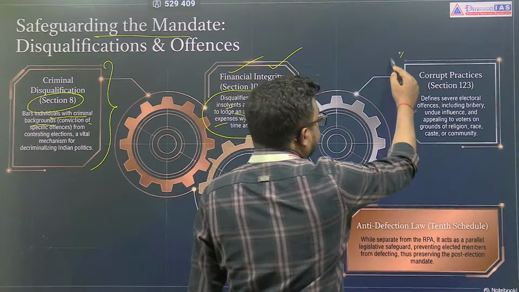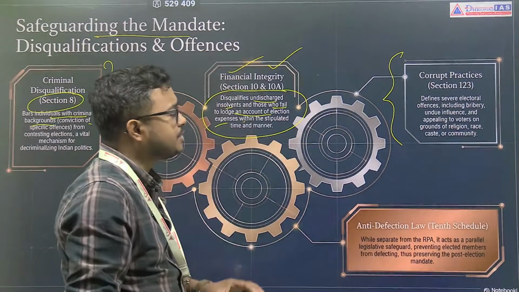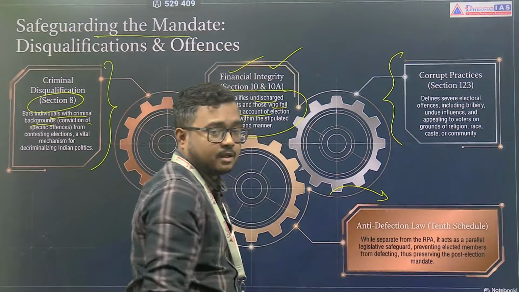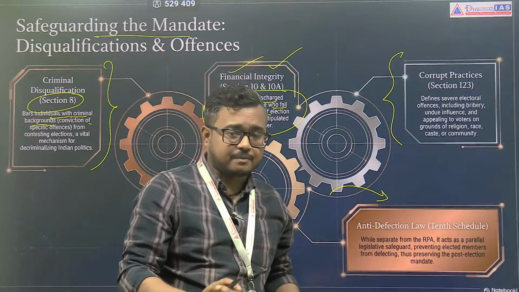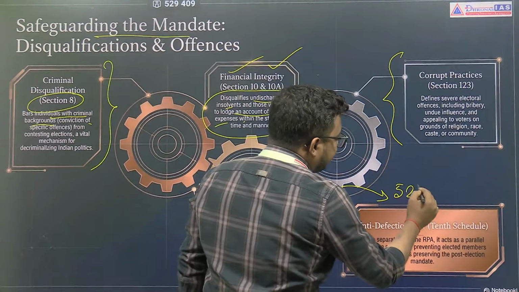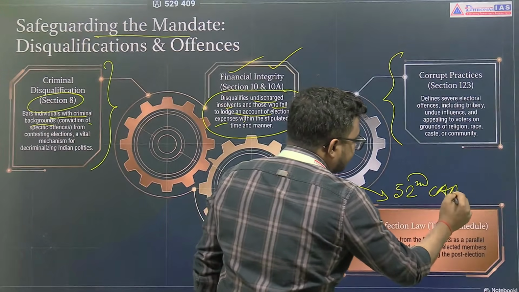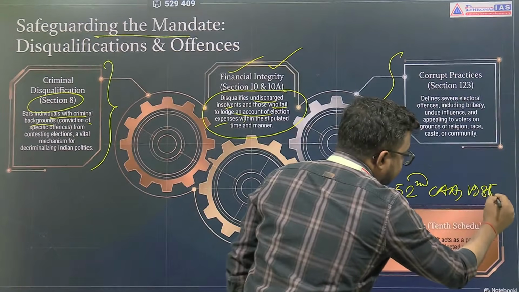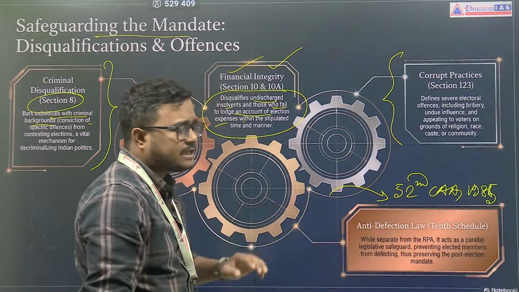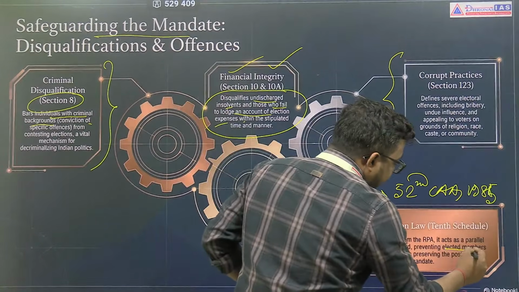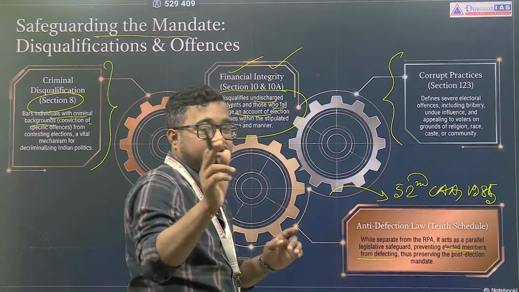What about Article 123? We will see Article 123 in detail in the next slide. So let's go to the anti-defection law here. The anti-defection law is not a part of RP obviously. It was added through the 52nd Amendment in 1985, and this particular law says that elected members cannot defect.